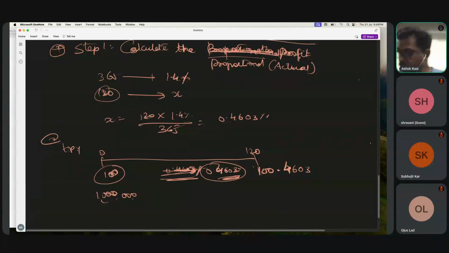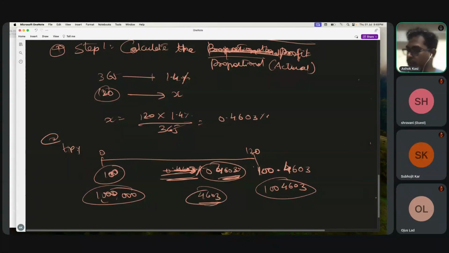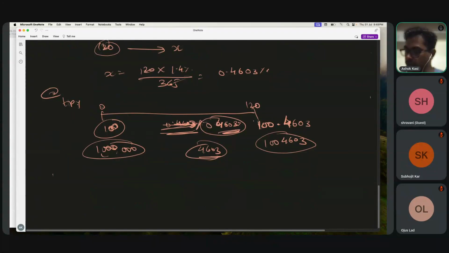So here it will be 1004603. This much will be the amount. Now I know present value, I know future value. What will be the profit? Profit will be 4603. Now I will calculate the holding period return or yield.